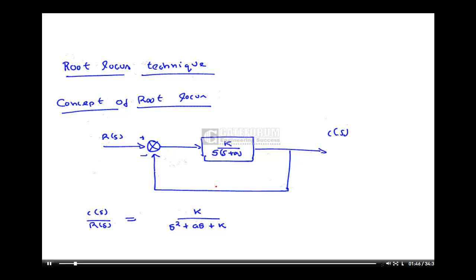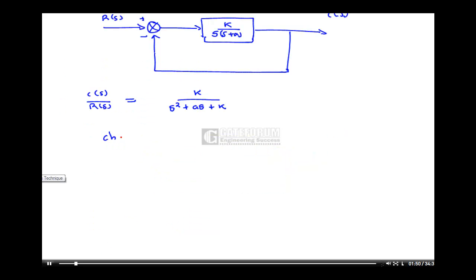We always have to look for the characteristic equation of this transfer function. So in this case, the characteristic equation is S square plus AS plus K equal to 0.